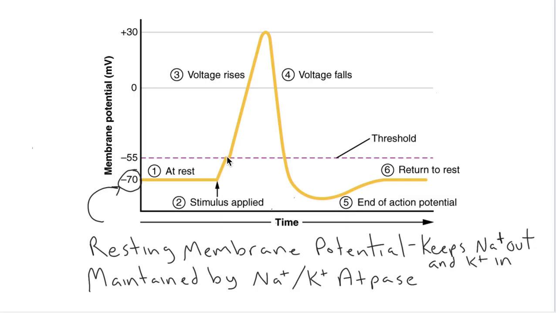That stimulus meets threshold, and then sodium channels open, sodium rushes in, we flip the charge, K starts leaking out to return that electrical gradient back to the way it was, and then the sodium potassium ATPase pump has to return this to resting membrane potential and put the sodium back where it was and put the K back where it was. So that is a brief overview of an action potential.